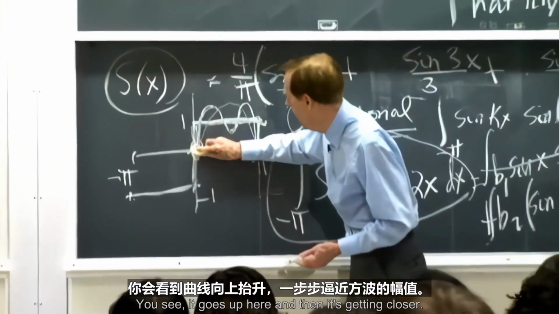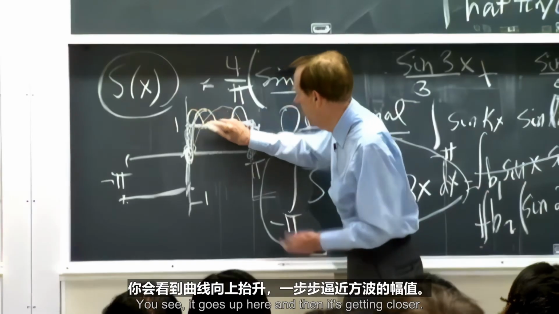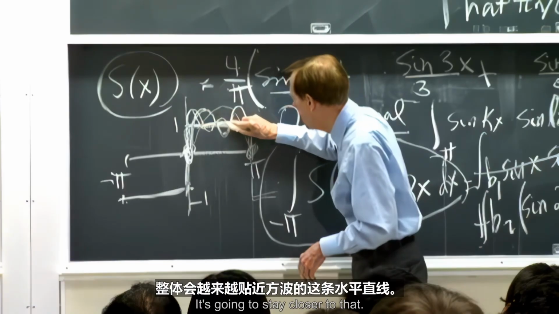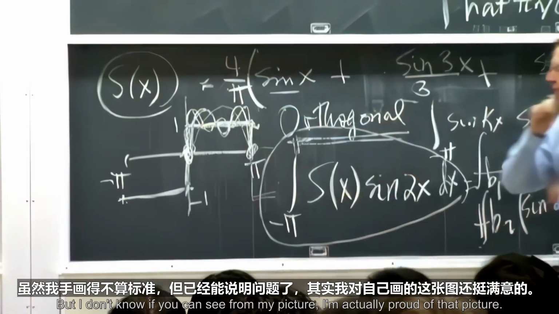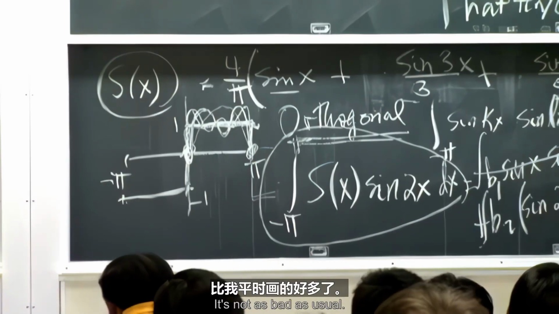You see, it goes up here, and then it's getting closer. It's going to stay closer to that, but I don't know if you can see from my picture. I'm actually proud of that picture. It's not as bad as usual.